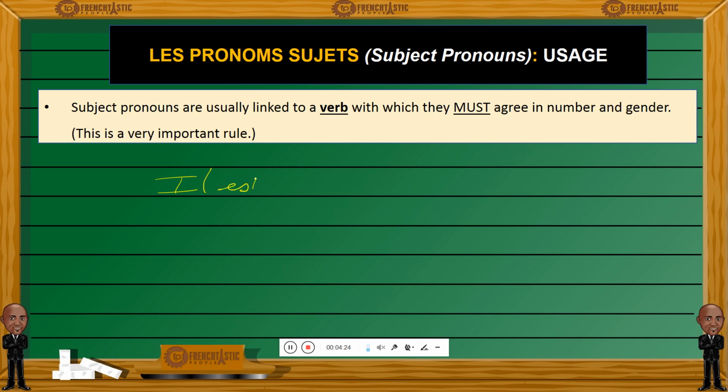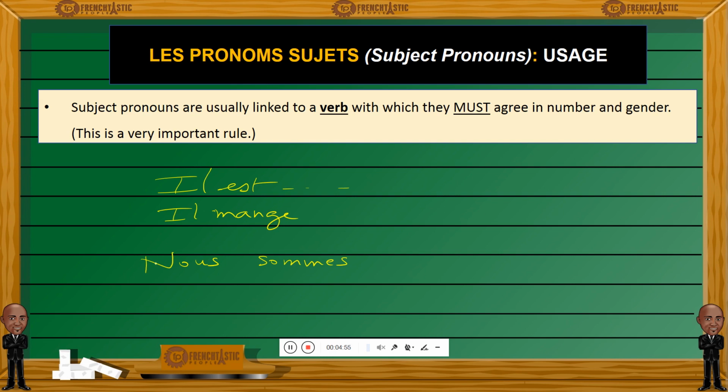So, il est, he is. Il mange, he's eating, or he eats. Nous sommes, we are, etc. That's why we say that subject pronouns will be linked to a verb, and I will actually say are always linked to a verb. And the verb will agree with the subject pronoun.